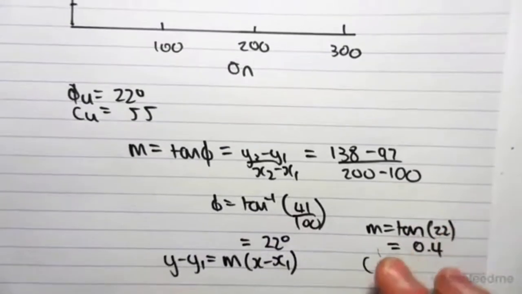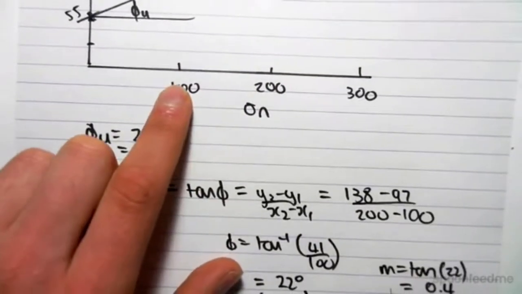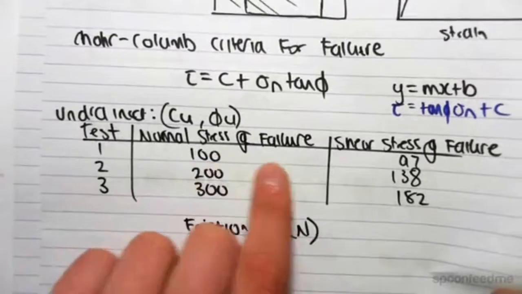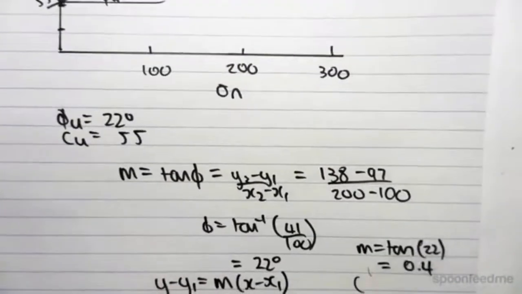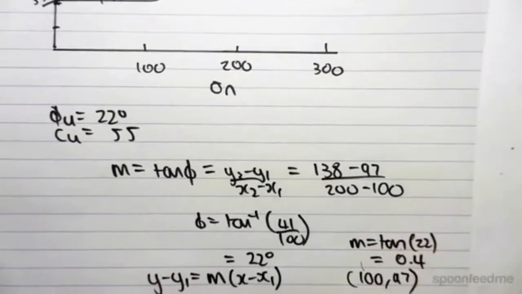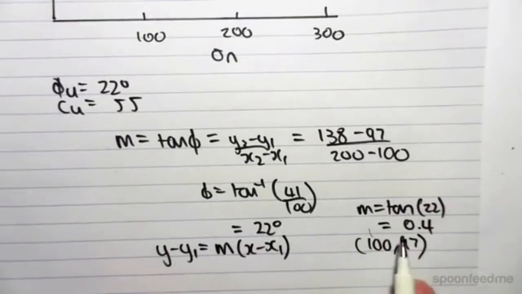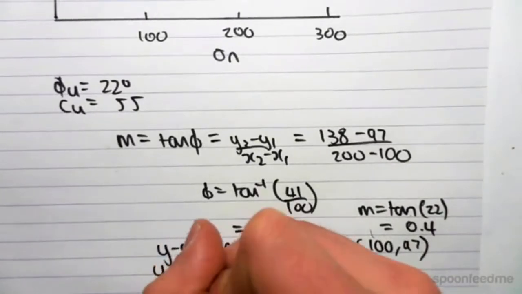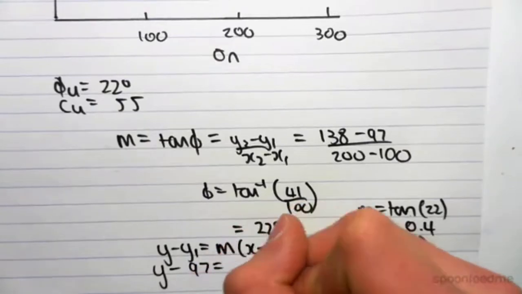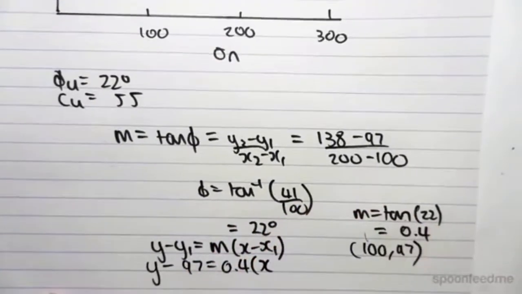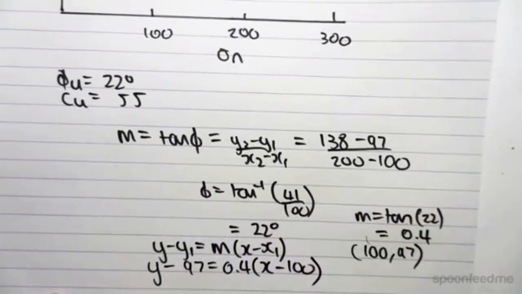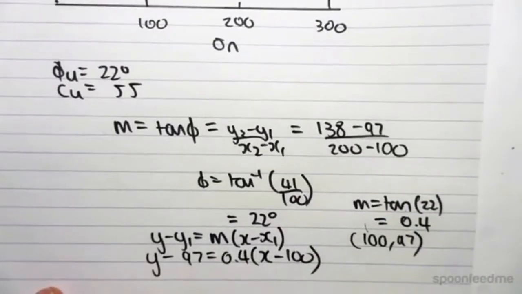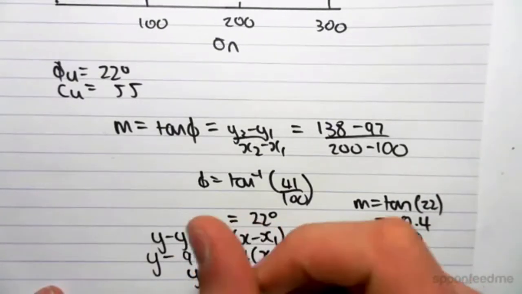And one of the points we have is 100, 97. So we could use this information to find the equation. So it'd be y minus 97 equals 0.4 outside of x minus 100.